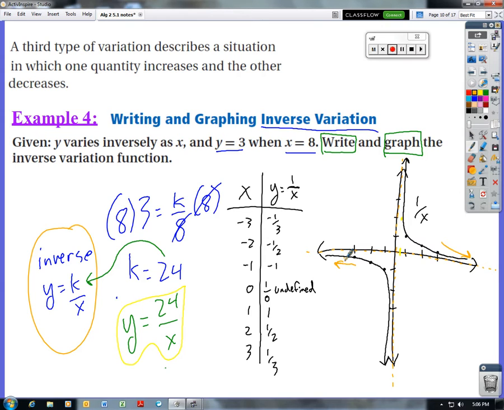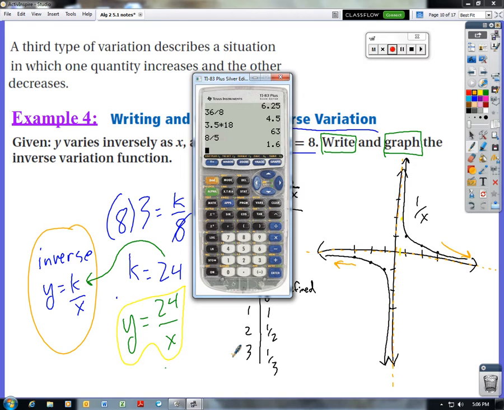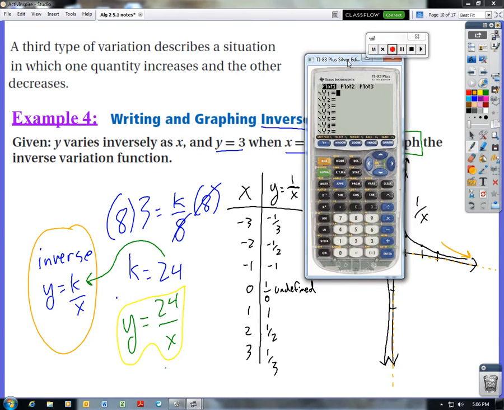So let's do this on our graphing calculator and see what our original 24 over x is going to look like. So I'm going to graph 1 over x, the parent function, and then I'll graph 24 over x to see what that looks like. Oh, come on now.